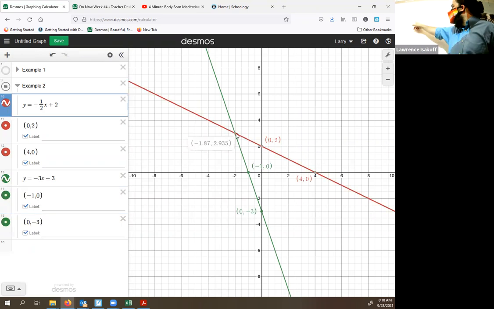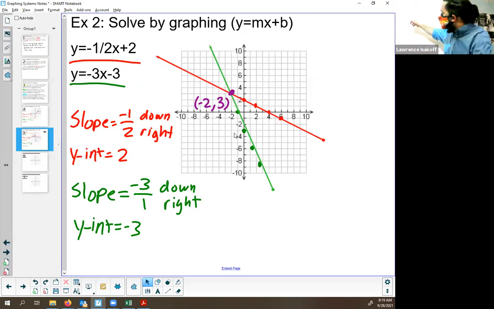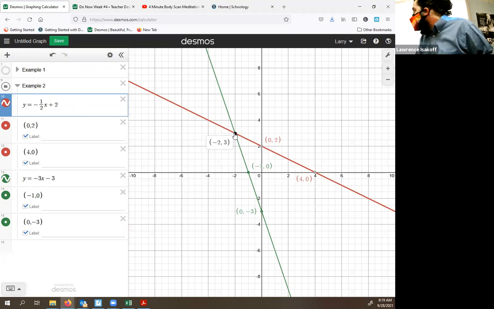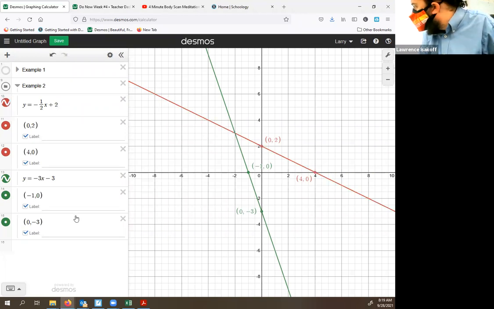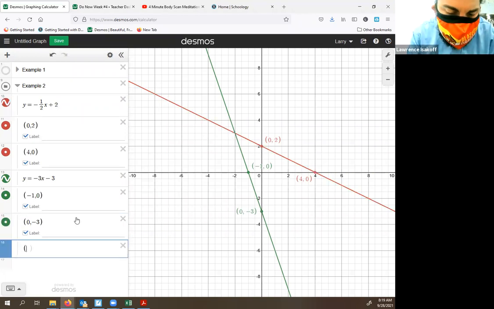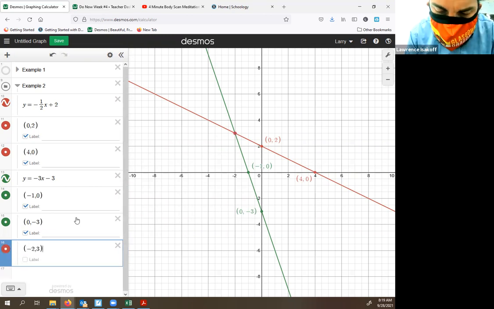Now what I need to do is figure out that point of intersection. (-2, 3). Lo and behold, if I flip back to here, (-2, 3) is what I said. So this one we were able to graph more accurately. So let's go ahead and add that point, (-2, 3).